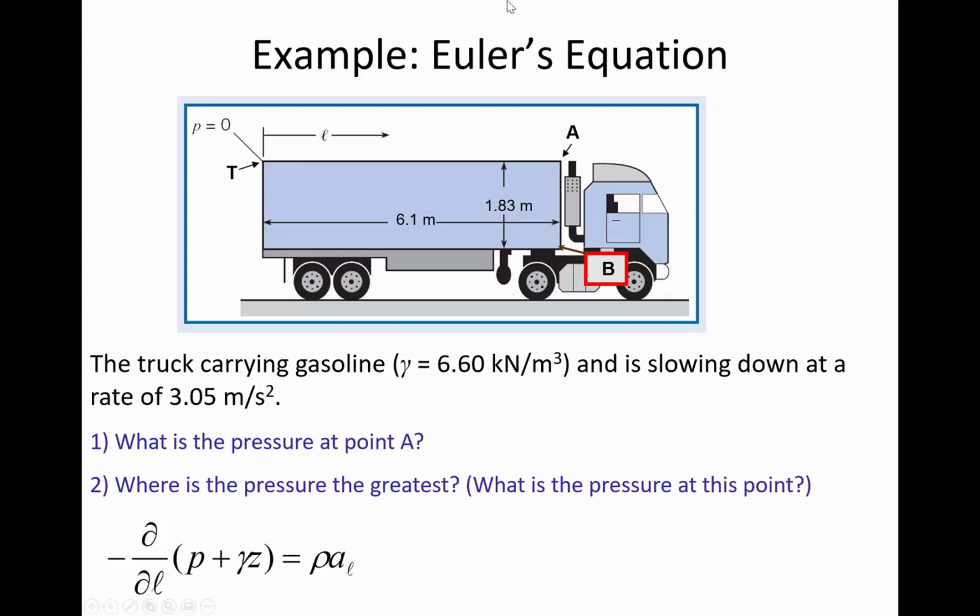The pressure is going to be higher at A than it is at T because the truck is slowing down. So think about the water is sloshing to the right as the truck is slowing down. All of that fluid wants to keep moving forward, but the truck is slowing down the fluid. And so there's more pressure at A than there is at T. And this Euler's equation is going to allow us to calculate what is the pressure at A.